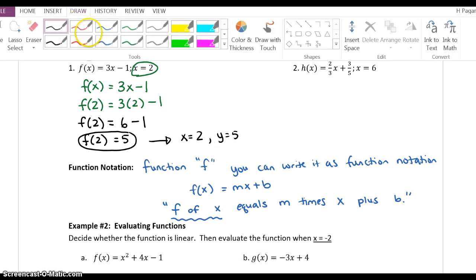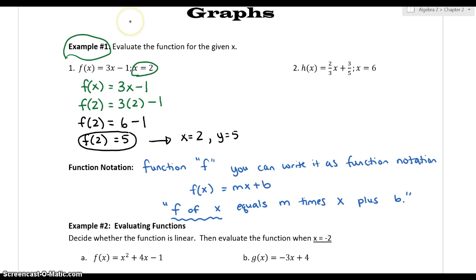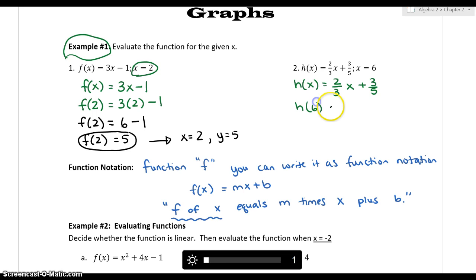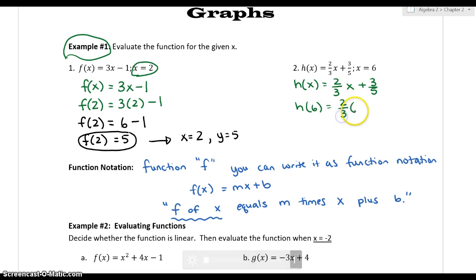Alright, let's look at the next one. Now we have h of x, so we're going to write the function. Ooh, fractions. Then we have the given x is 6, so we're going to replace that with 6. Now I like to change this to a fraction too, since 2/3 is a fraction.